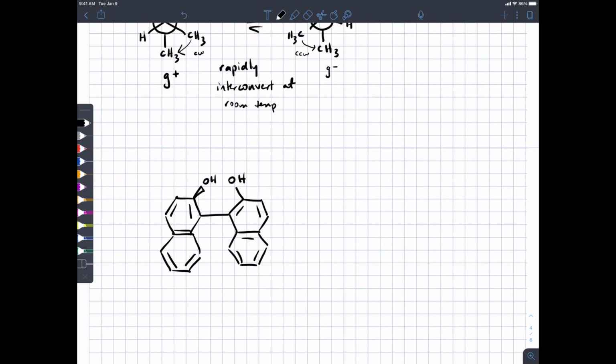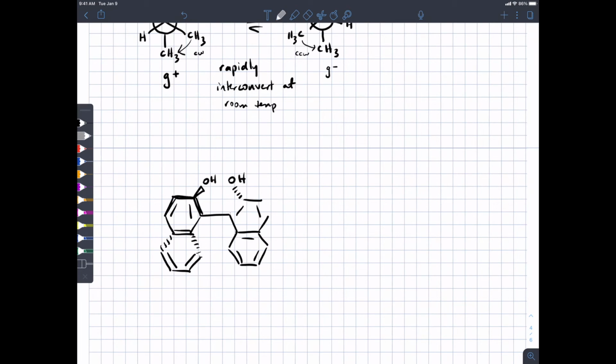One is to have the ring on the left twist towards us, such that the top of the naphthalene ring is coming out towards us, whereas the bottom of the naphthalene ring is pointing down into the page. And then similarly, we would have this OH group pointing away from us.